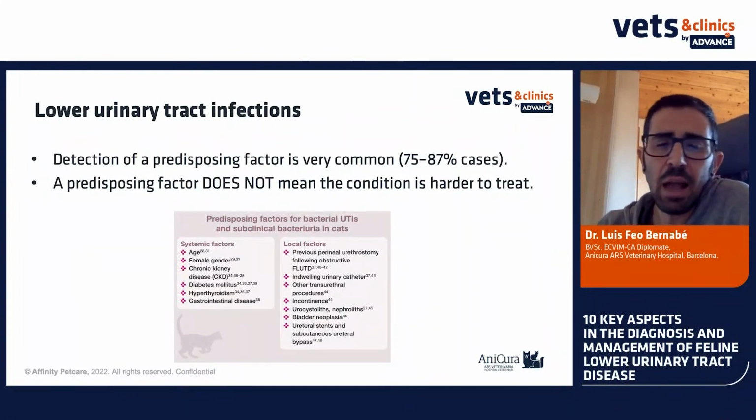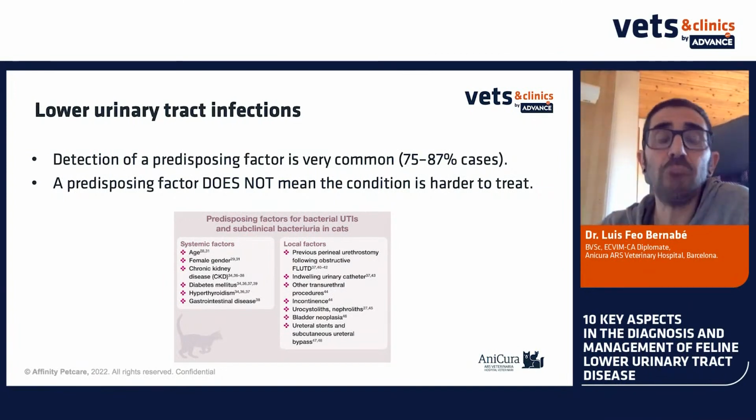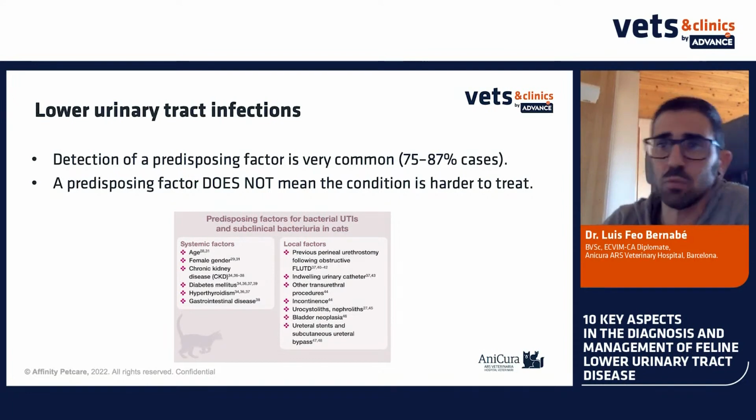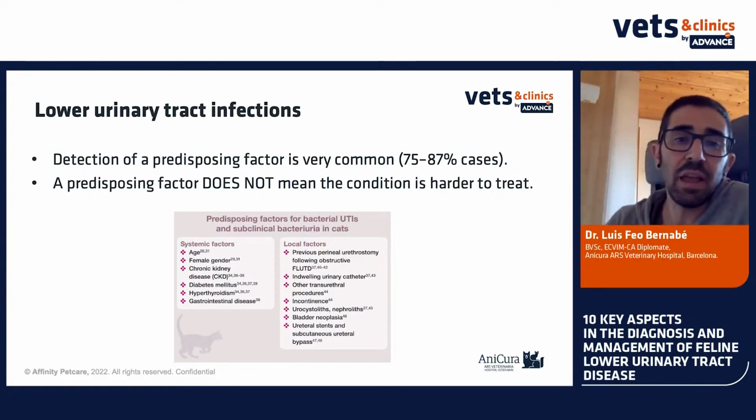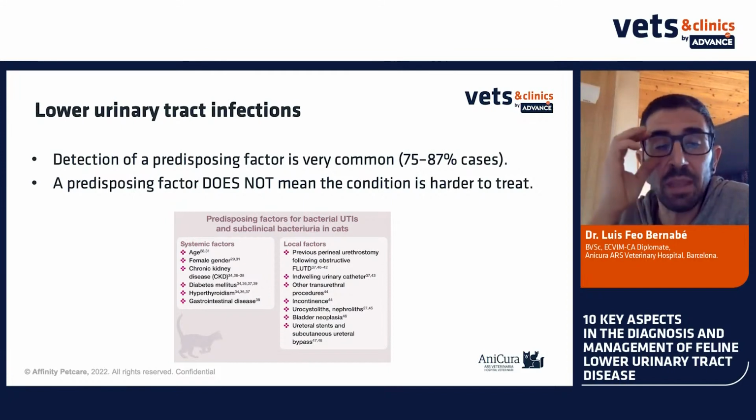However, a predisposition factor does not mean that this condition is harder to treat, as we were previously thinking. In the last few years, we have evaluated these cases, and sometimes it's not that bad if you have a predisposition factor. You only need to know it, but it's not going to change a lot at the beginning.